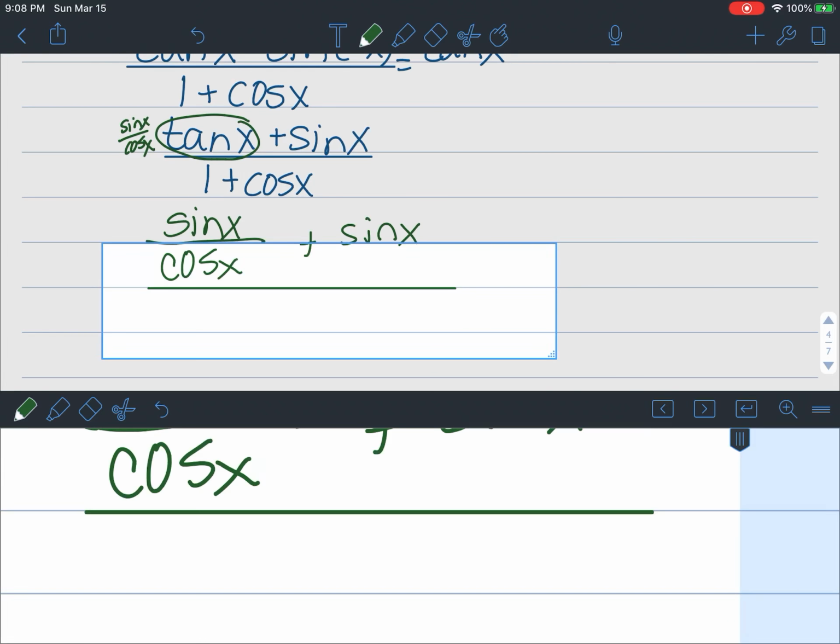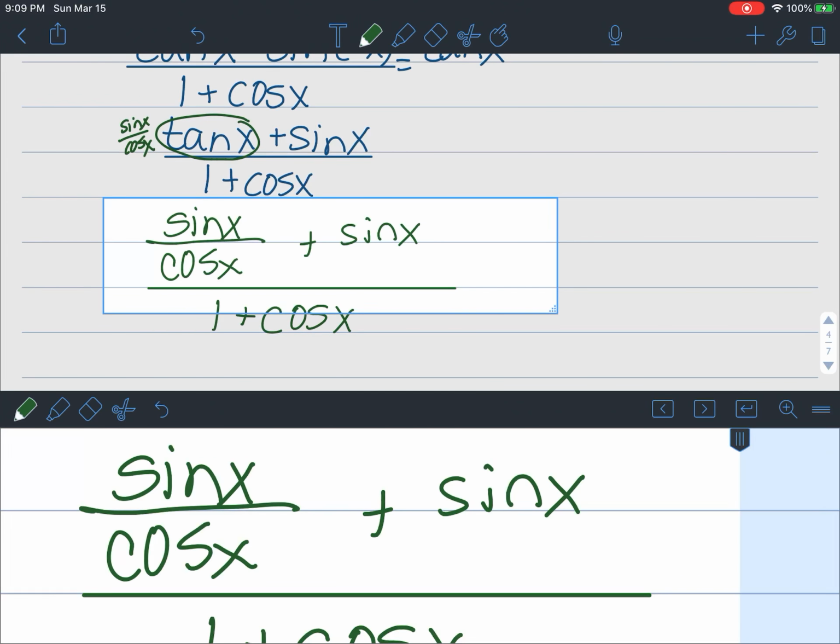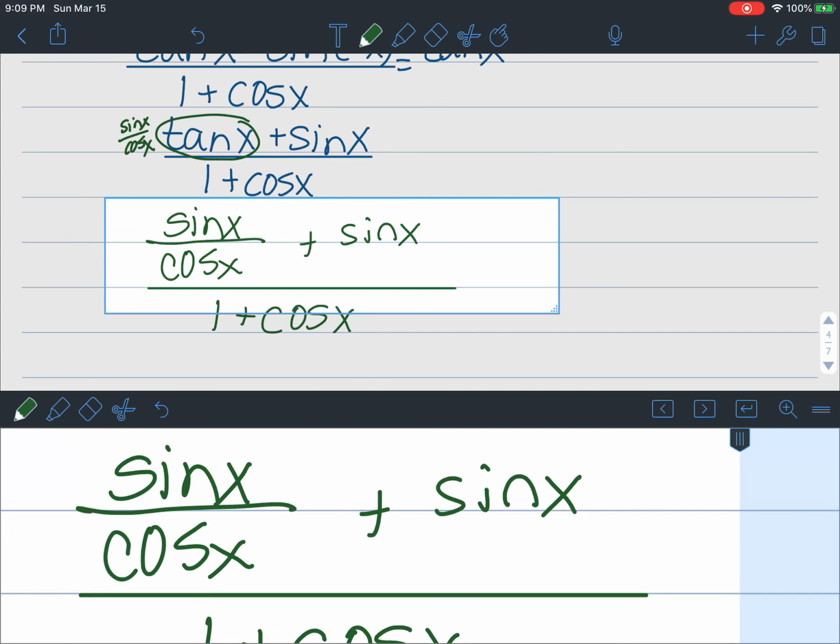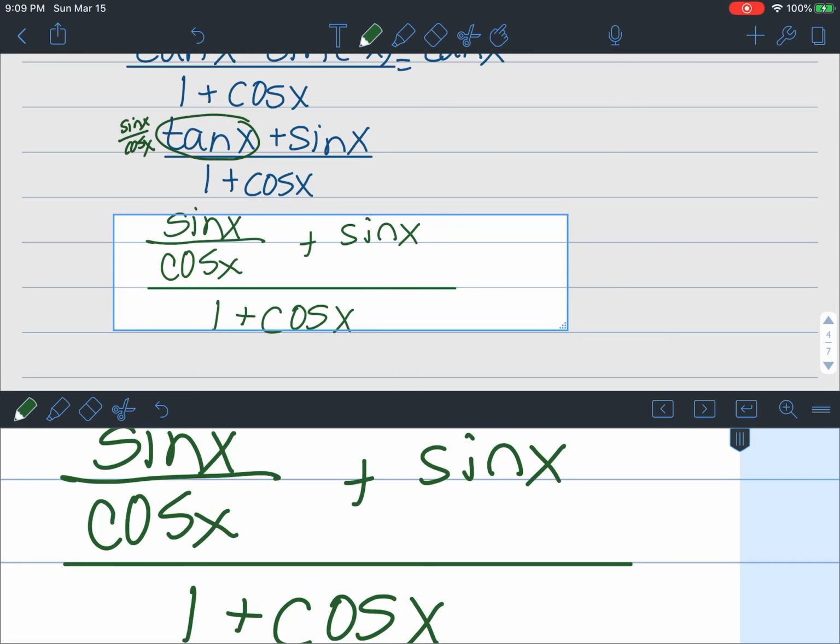As you're probably understanding, the problems are getting more sophisticated as we go along. Okay, so now I have sine x over cosine x plus sine x, and all that is over 1 plus cosine x. So I'm going to try to put this numerator together by getting a common denominator that's in the numerator, because that's not confusing.